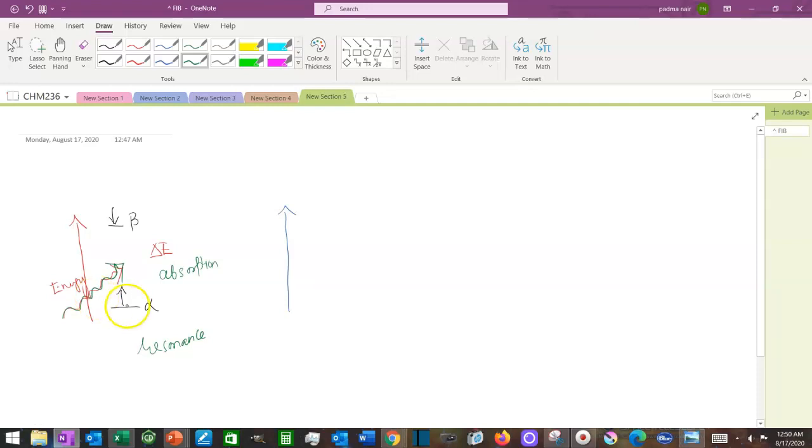Now we can also continue to talk about this delta E a little bit more. Depending upon what kind of external magnetic field we have, the energy gap can be small or big.